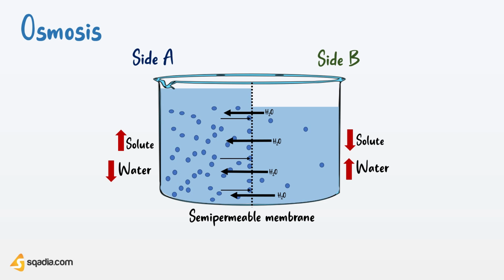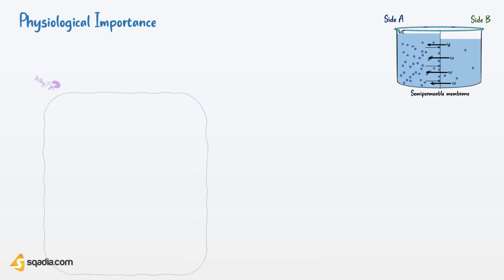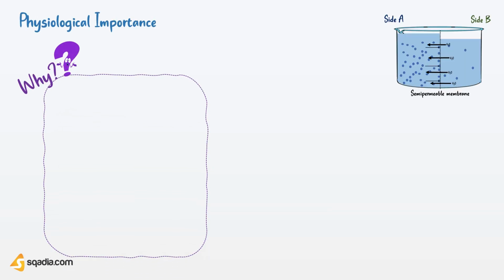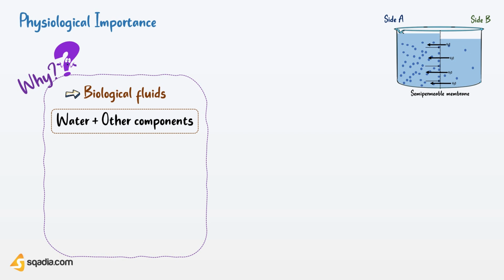This movement of water molecules or fluid is very important, not only in non-biological environments, but also inside living beings. As in biological systems, osmosis is very essential. And why is it so? Because none of the biological fluid is simple water, but these are a combination of water and other components. And these components create some osmolarity in these fluids, making them hypertonic, hypotonic, or isotonic as compared to their surrounding.